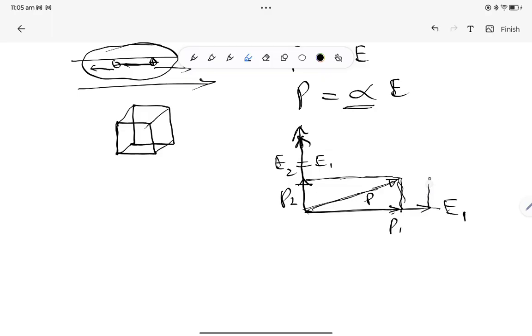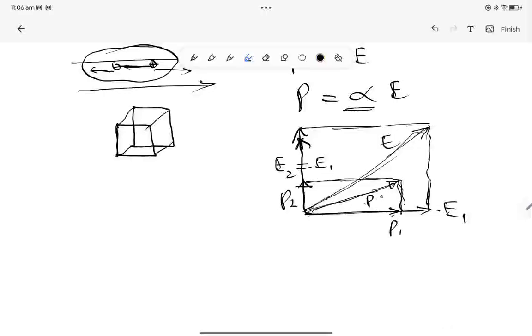Since this electric field is equal to that electric field, net electric field will be at an angle of 45 degree. This is the net electric field. What do you then observe? We observe that the polarization in the substance is not in the same direction as electric field.